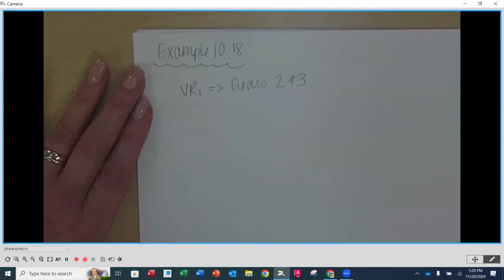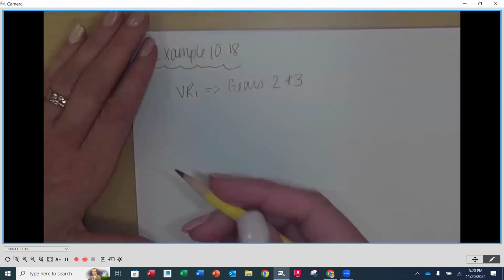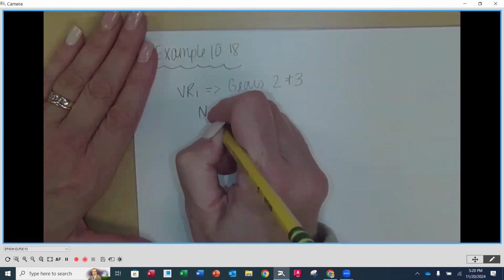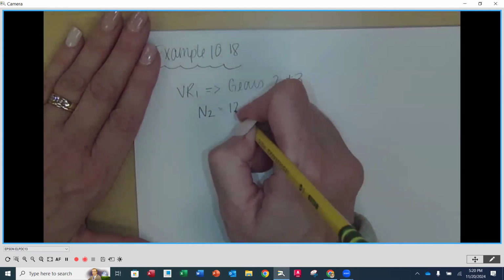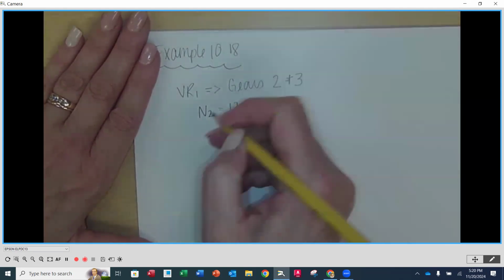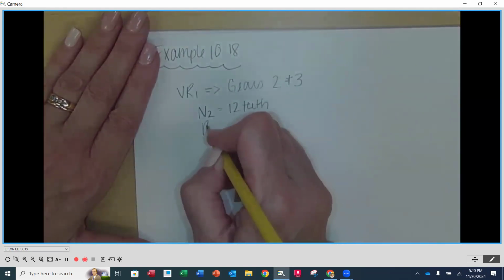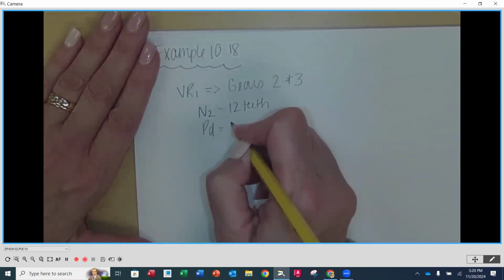Okay. Now, when we look at what we are given for gear number 2, we're given the number of teeth and the diametral pitch. And for gear number 3, we're given the pitch diameter. Okay. So I'm just going to write that down. So N2, number of teeth on that gear is 12 teeth. And diametral pitch is going to be 12.